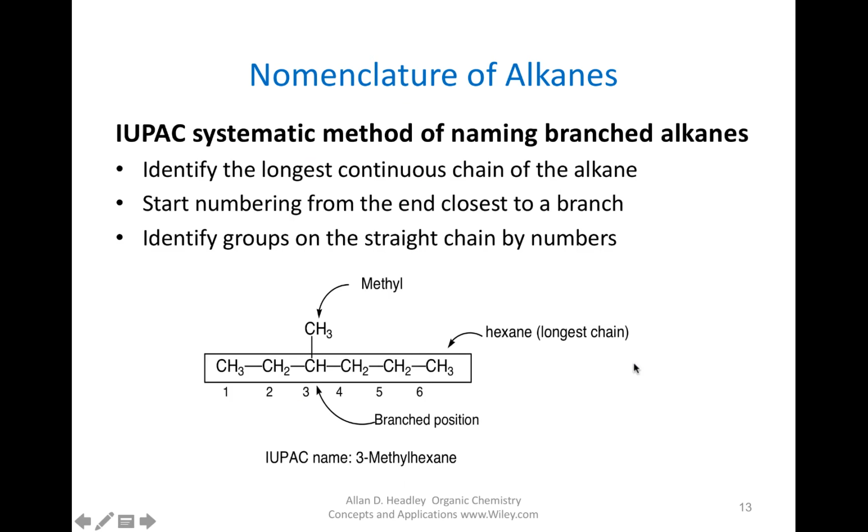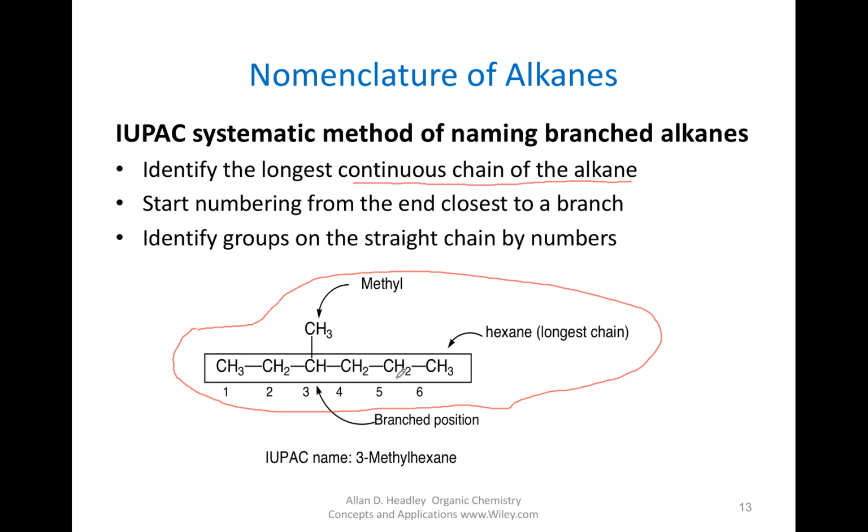Let us look here now at branches. So if there are branches on the alkane straight chain, how do we name that? Let's start with this molecule down here. We identify the longest continuous chain of the alkane.